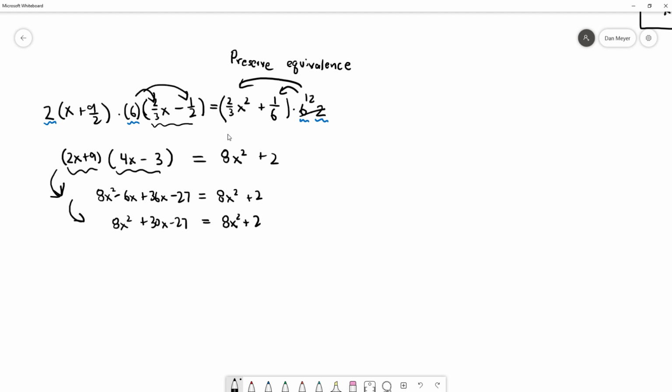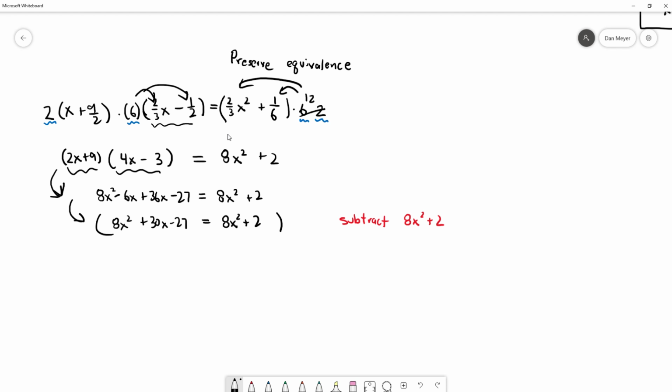I can add and subtract things from both sides. So in this case, I'm just going to subtract 8x squared plus 2 from both sides.